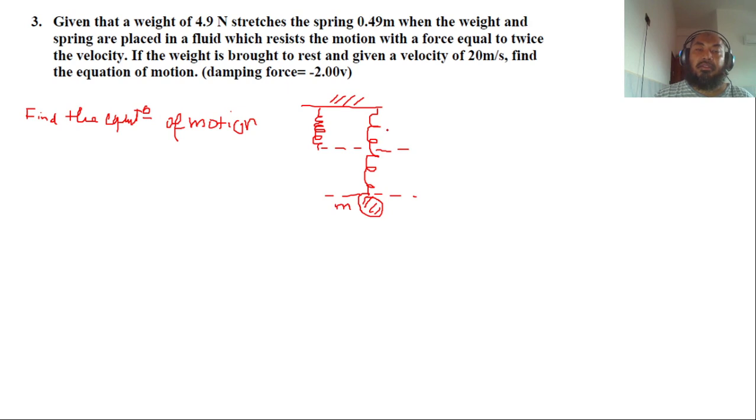We have the spring constant, and when you put the weight here, it will stretch 0.49 meter. Then it reaches the equilibrium like this, and the weight here is 4.9 Newton.